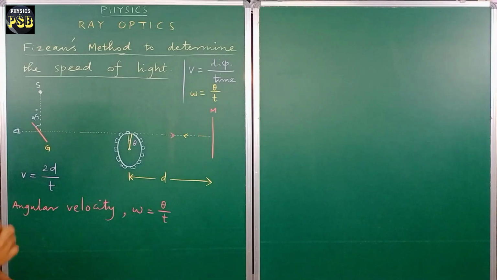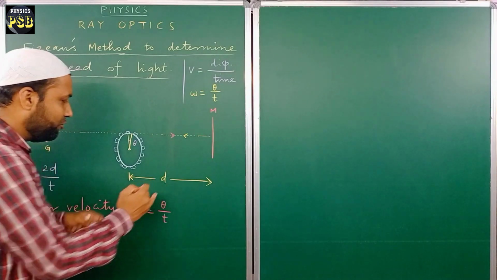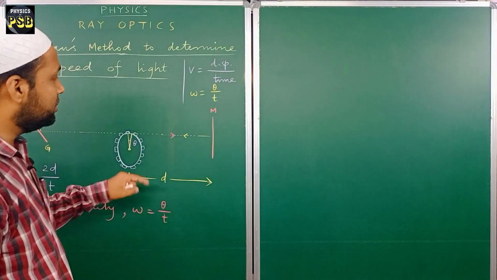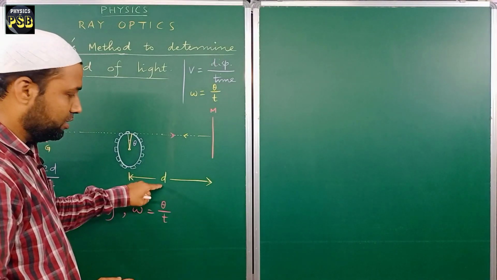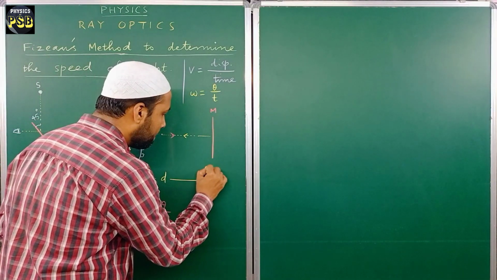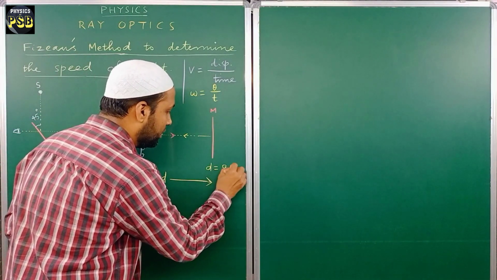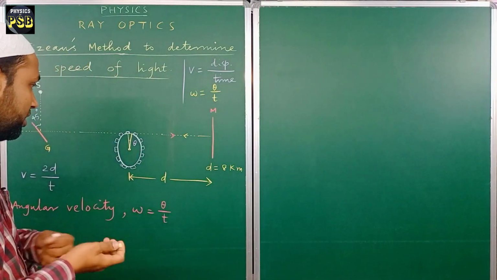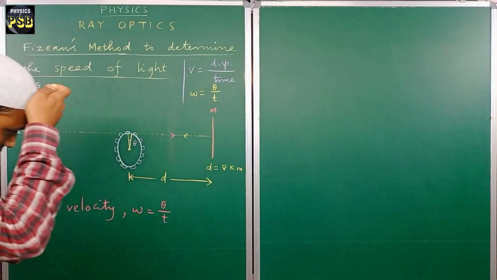Before going ahead, let me tell you something about the distance between the toothed wheel and the mirror. The distance between the toothed wheel and the mirror, represented by the letter D, was kept as 8 kilometers. It is a very large distance.